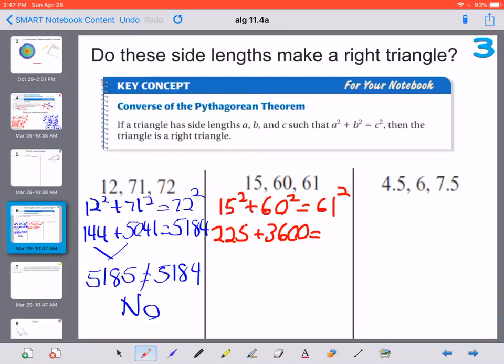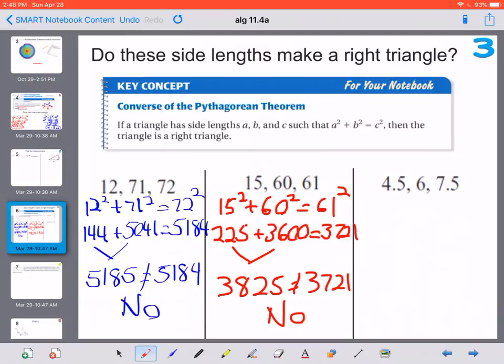And 61 squared, 3,721. If I add these two together, I get 3,825. That does not equal 3,721, so this is also not a right triangle.